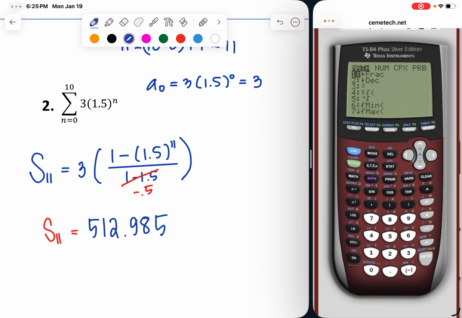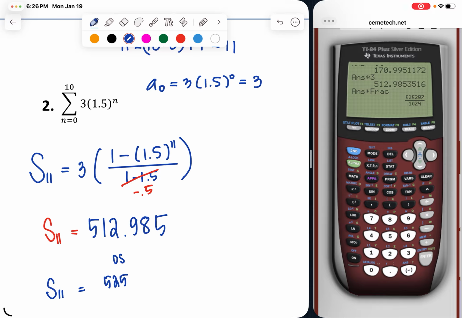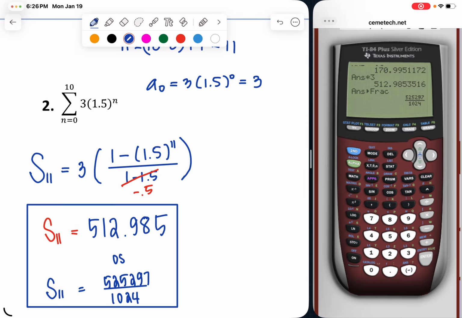I can check to see if it comes out to a nice fraction, but once again, oh, it does. I was going to say, once again, it doesn't. So S sub 11 is equal to 525, I wasn't ready for that to be a fraction that fit on the calculator, over 1024. I'm assuming most people will put the decimal, but you can do either one. Doesn't matter to me.